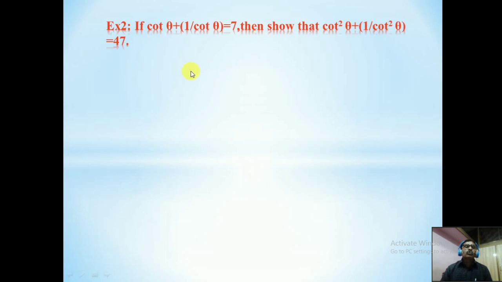Now we consider example 2. If cot theta plus 1 upon cot theta is equal to 7, then show that cot square theta plus 1 upon cot square theta is equal to 47. Solution. Cot theta plus 1 upon cot theta is equal to 7. This is given.